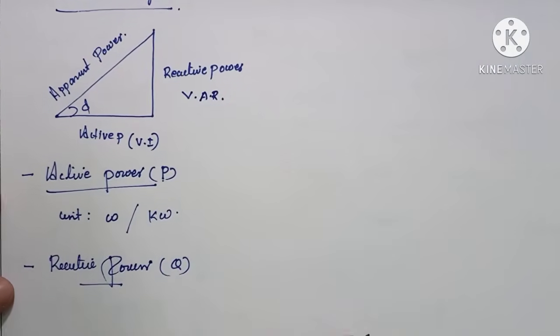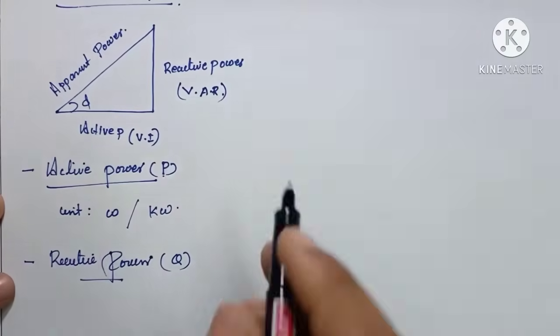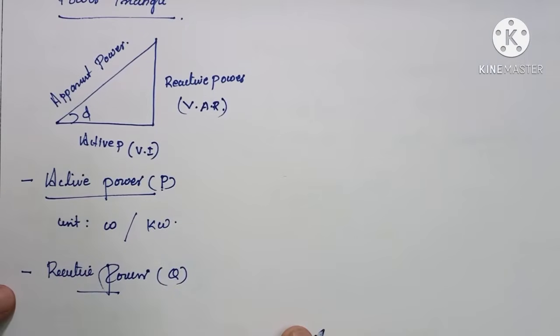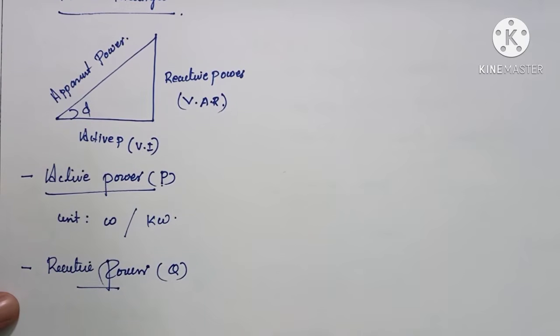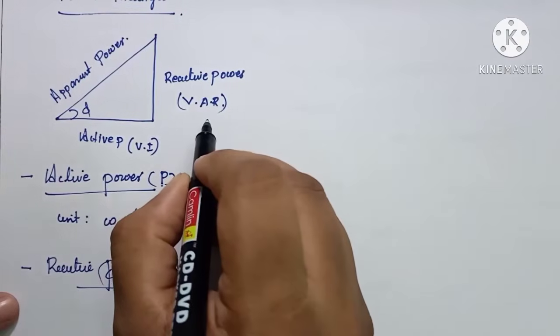It is the term which is related with the reactive component of the current. So the product of the reactive component of current and the applied voltage, that will be the reactive power, and its unit will be VAR. Okay.